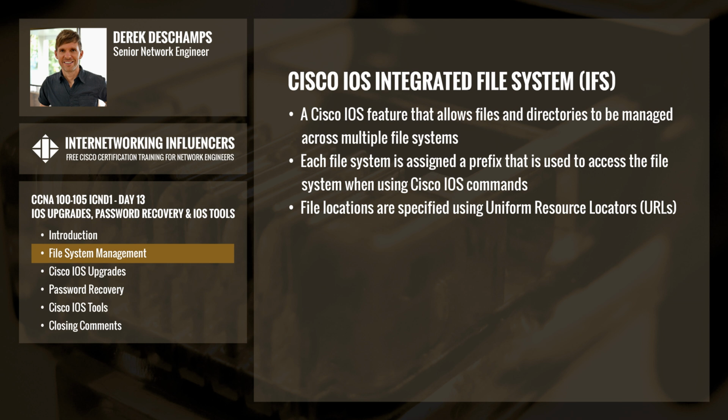With IFS, each file system is assigned a prefix that is used to access the file system when using Cisco IOS commands. With IFS, file locations are specified using Uniform Resource Locators, or URLs.